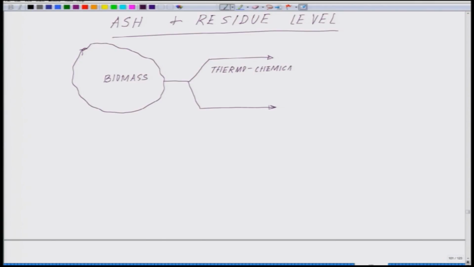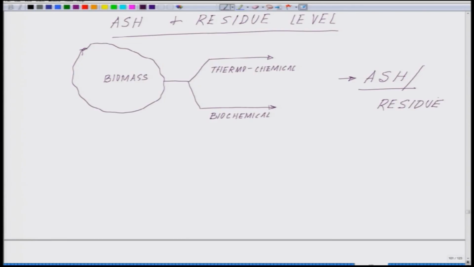After all this conversion, we will end up with a series of residual masses, and these residual masses are what is termed as ash or residue.